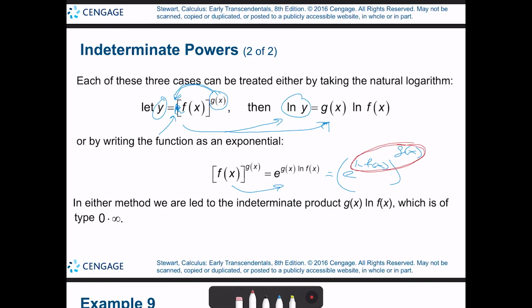You can multiply them together. After they've been multiplied together, could you rewrite it like this? You sure could. And what about e to the power of natural log? The e and the natural log cancel out, leaving you with f of x. So this would equal f of x to the g of x.